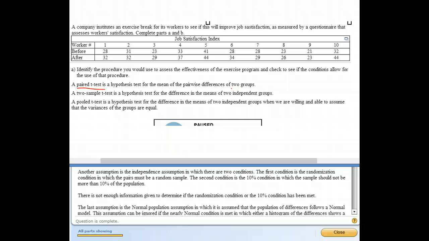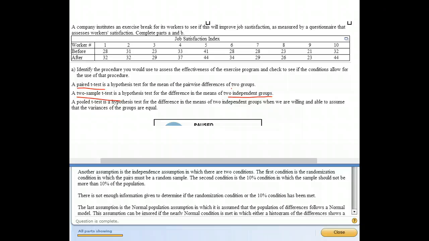The two sample t-test is a hypothesis test for the difference in mean of two independent groups. So that's a significant difference here. These groups are independent and you use the two sample t-test. If the groups are not independent, then we would use a paired t-test.